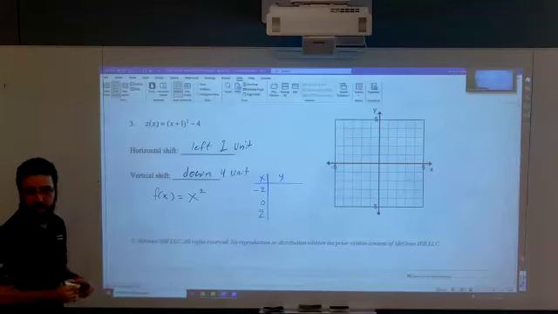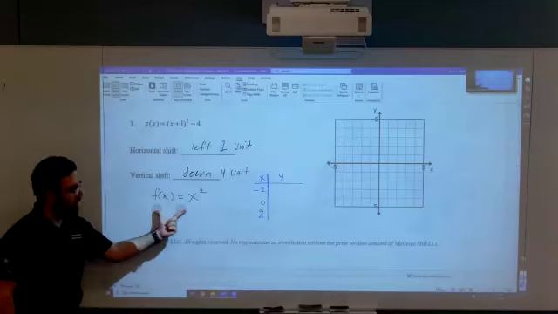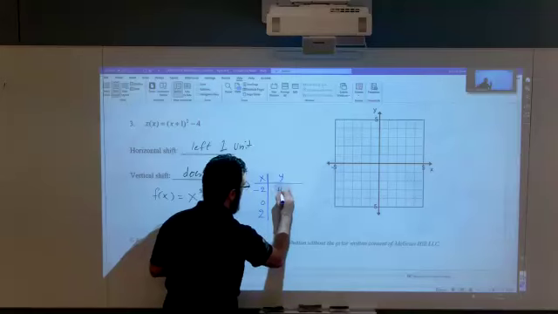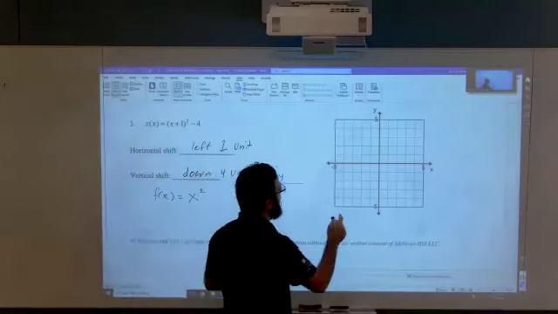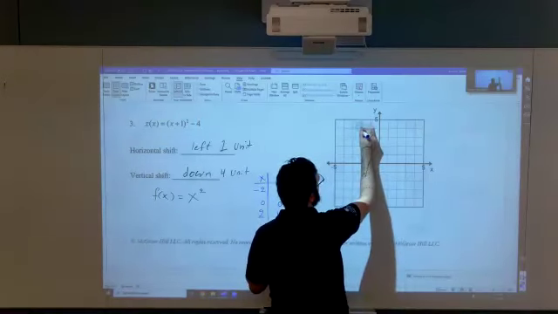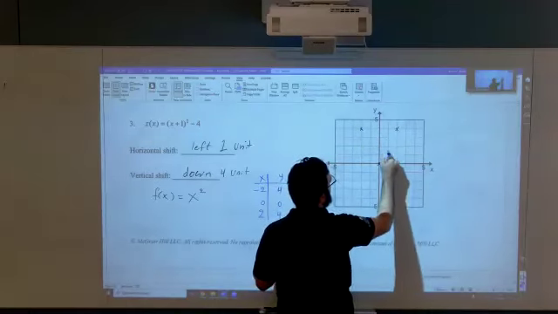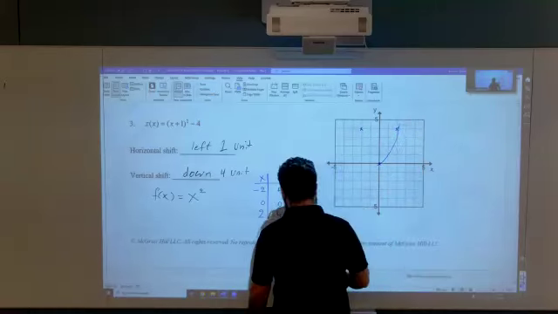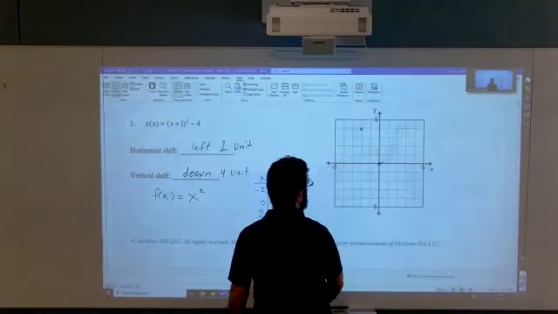These points graph the basic function. -2 plugged in here is 4, 0, 4, and 2 and 4. So I know this is the graph of the basic function.